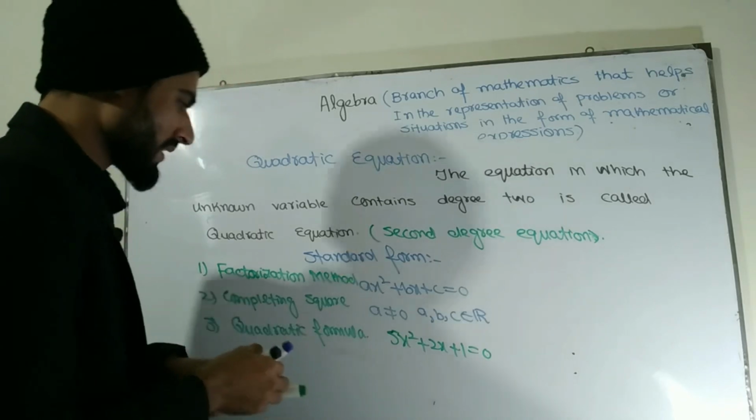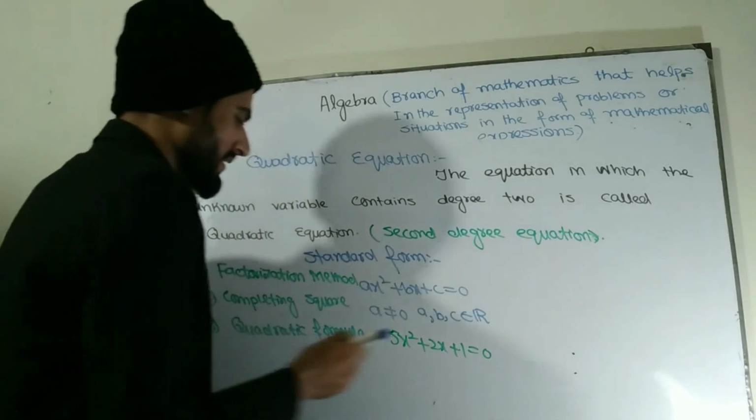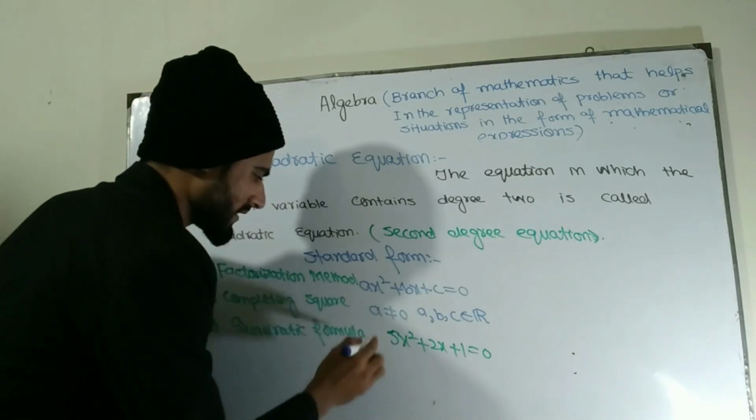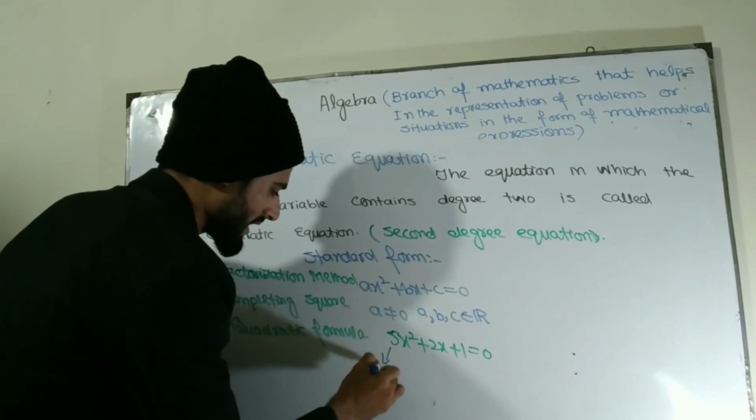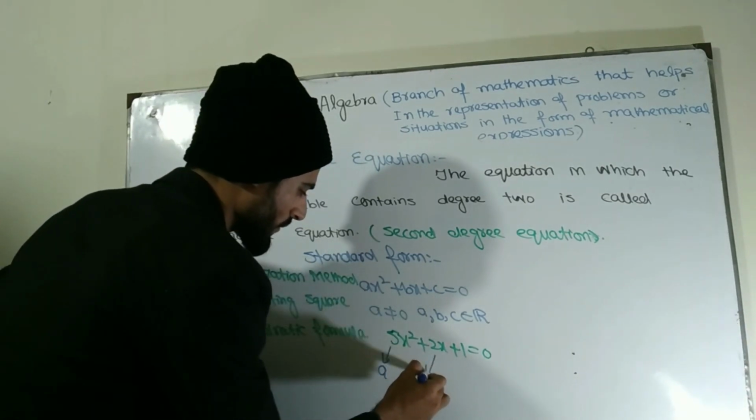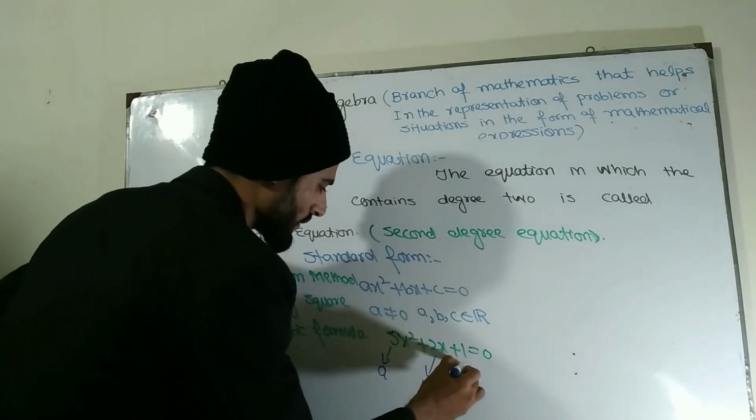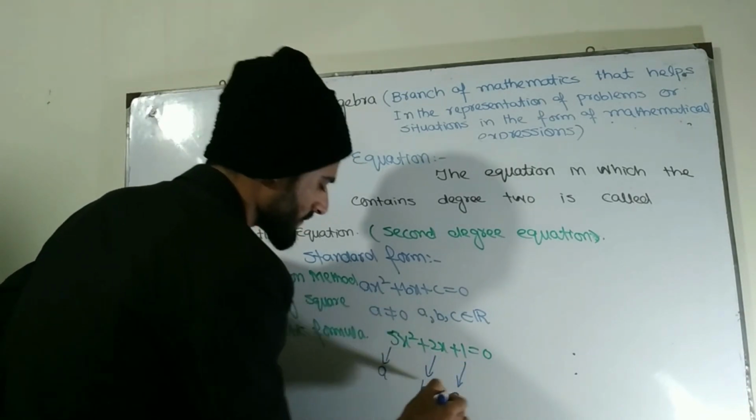Remember that in this example, the value of a is 5, the value of b is 2, and the value of c is 1.